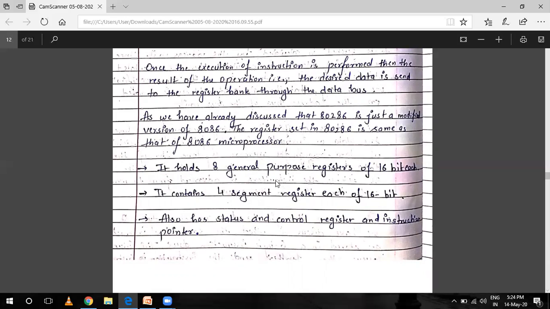But once the interrupt gets executed, in order to get back to the original program, its address as well as machine state must be stored in the stack. And basically there are 3 categories of 80286 interrupts.